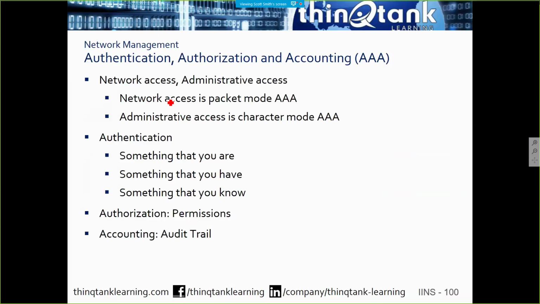Authorization is the permissions you're granted once you connect to a device or to the network. What are you allowed to actually do? And accounting is the ability to monitor what you're actually doing while you're connected, right? We want to account for the things that are being done while you're connected to the network.